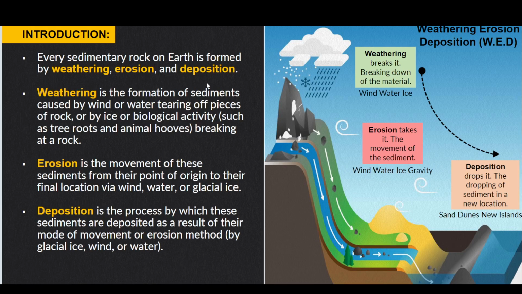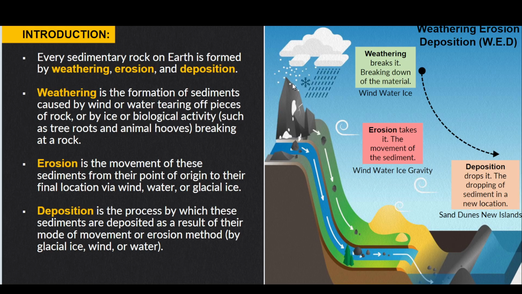Let's talk about them one by one. So, weathering is the formation of sediment which is caused by wind or water, or tearing of pieces of rock by ice, or by some biological activities, or breaking of a rock. So, weathering means breaking down of the material.